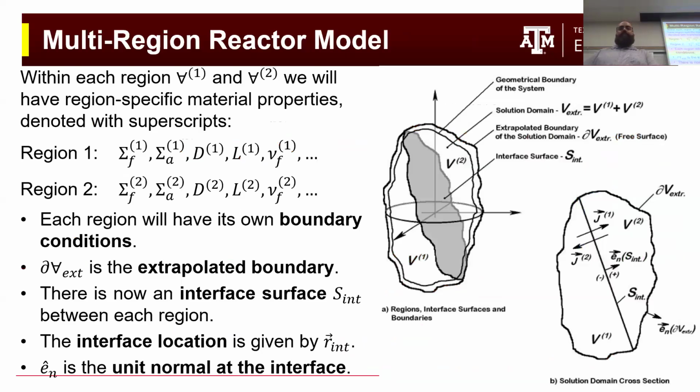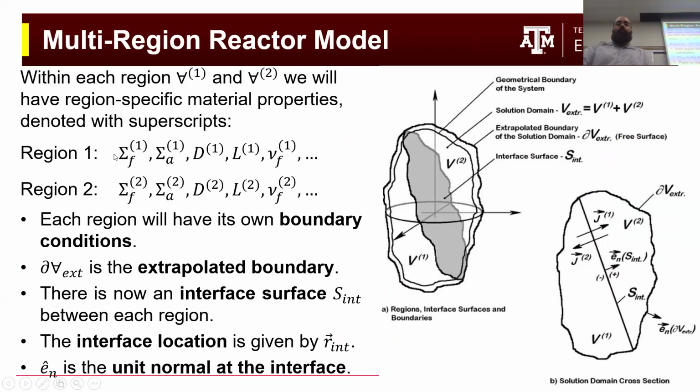So this is just getting us thinking about the terminology for a multi-region reactor problem, where in this case, we've got two volumes. V1 is the volume of one material region, maybe that's my fuel, and then V2 is my other material region, maybe that's a reflector.